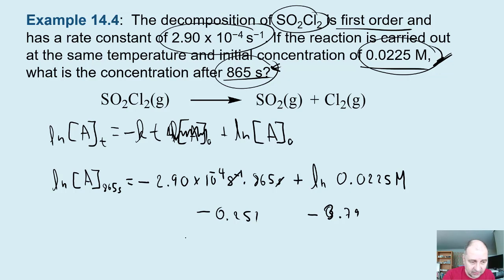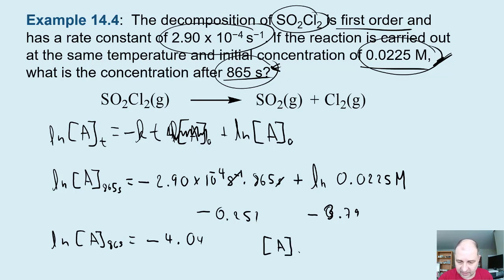I add the two together, I get that the natural log of A at time 865 equals minus 4.04.